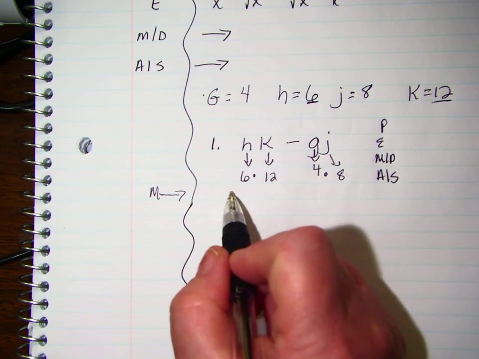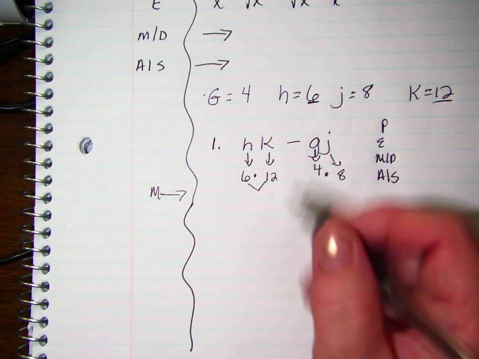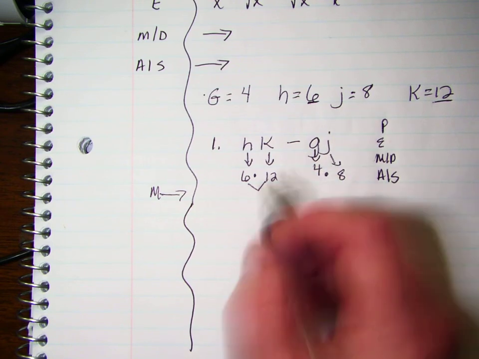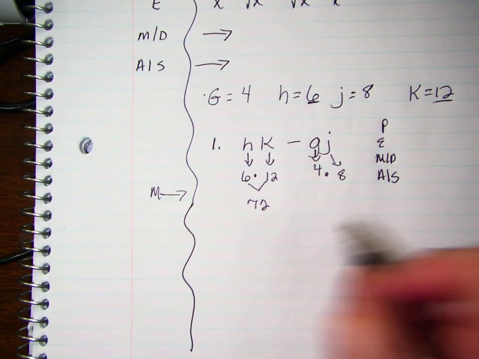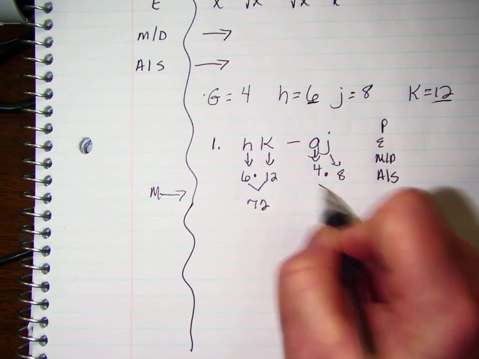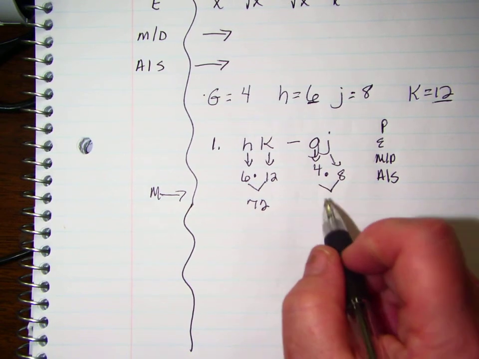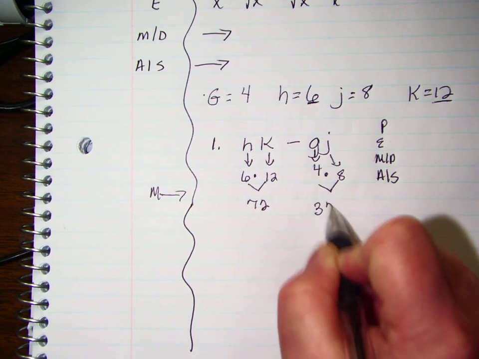Yes. Beautiful. 6 times 12. Hey, put on that handy dandy calculator. 6 times 12. It's 72. And then give you a second to redeem yourself. What's 4 times 8? 32.